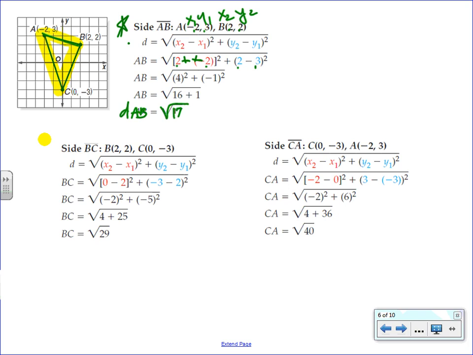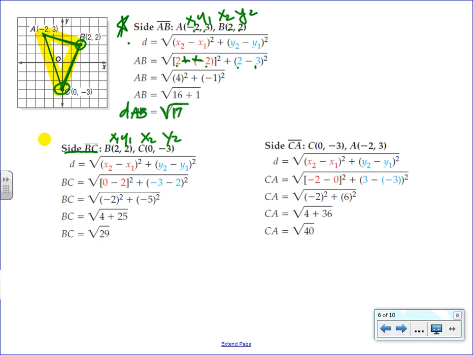We'll do the same thing for side BC. Here are our points. We have the point (2, 2) and the point (0, -3), and we're going to find the distance between those two. Again, label your points x1, y1, x2, y2.